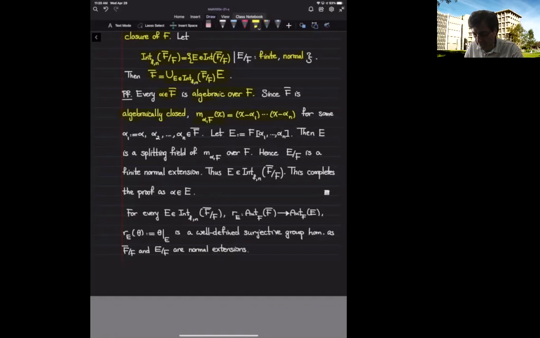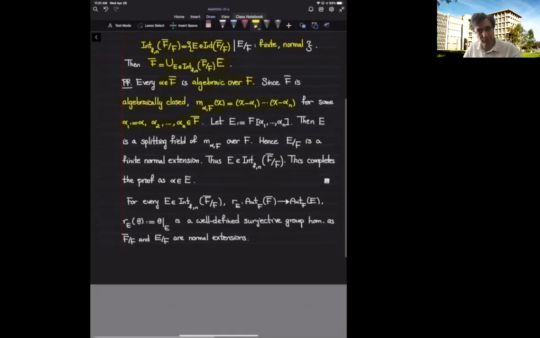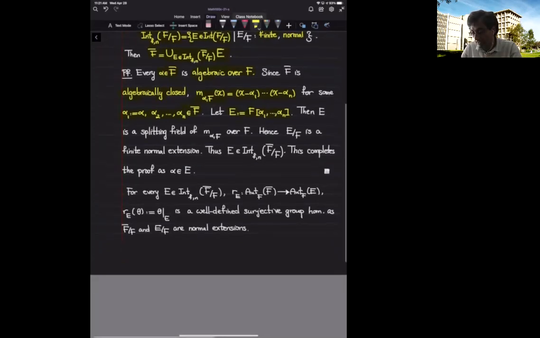Alpha is also a zero, so I can assume that the first zero is alpha, then alpha 2, and the rest inside F bar. Now I'm going to look at the subfield generated by the base field and the zeros in order to get a splitting field of a polynomial. So E is a splitting field of the minimal polynomial of alpha over the base field F.